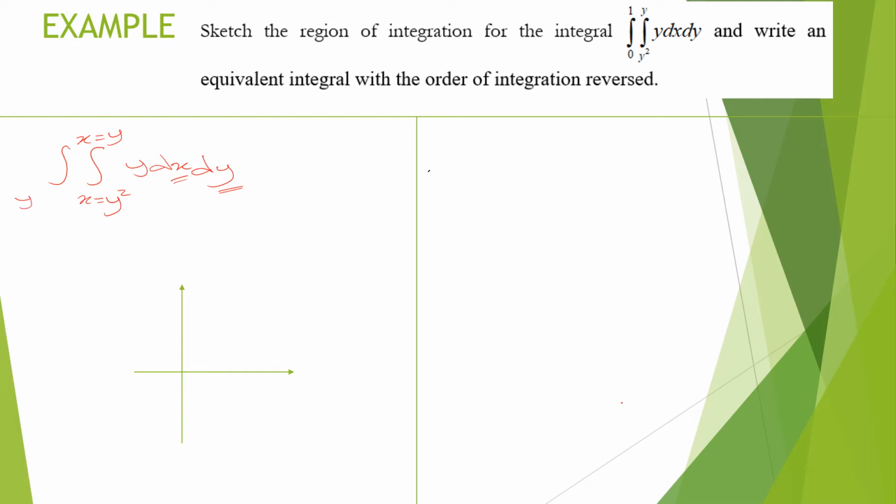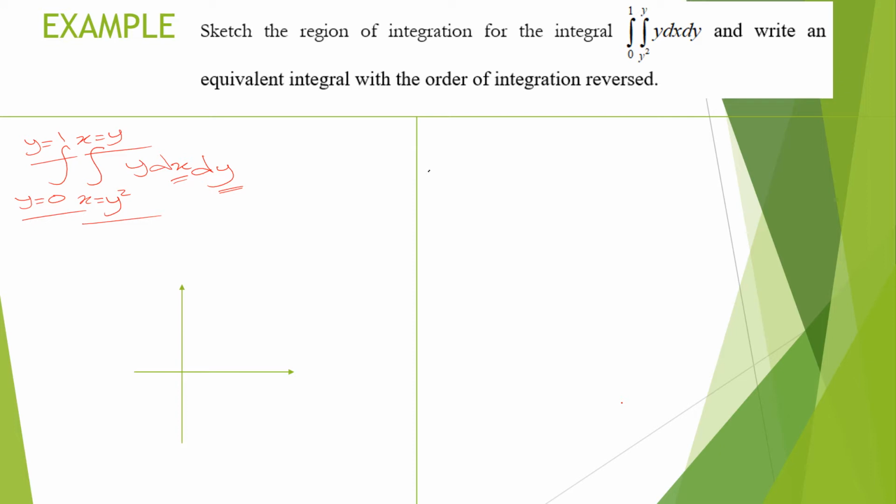So we have y equals 0 and y equals 1. Now we are going to sketch our graph of y equals 1, y equals 0, x equals y, and x equals y squared.